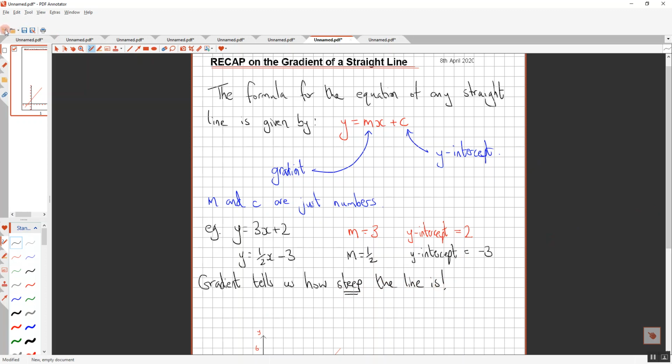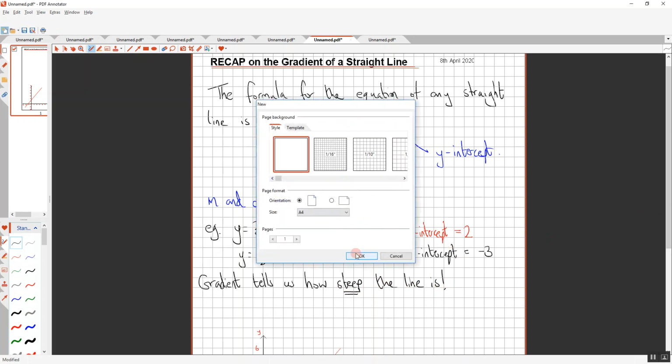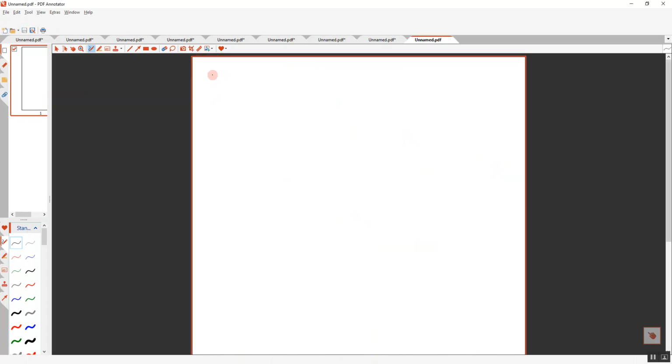And what about if I do a line which slopes upwards?